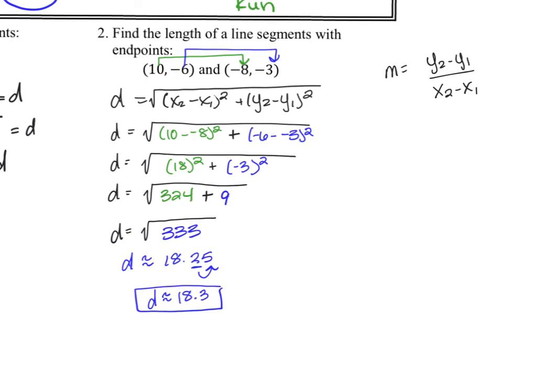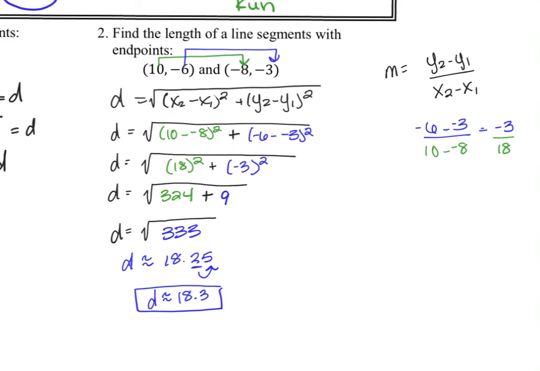So the slope would be negative 6 minus negative 3 on top. The x values go on bottom, so 10 minus negative 8. Negative 6 minus negative 3 is negative 3. 10 minus negative 8 is positive 18.